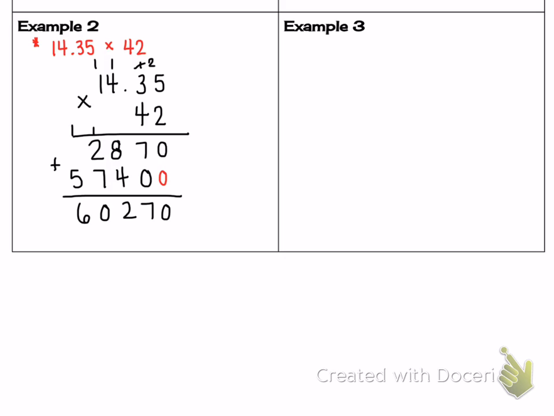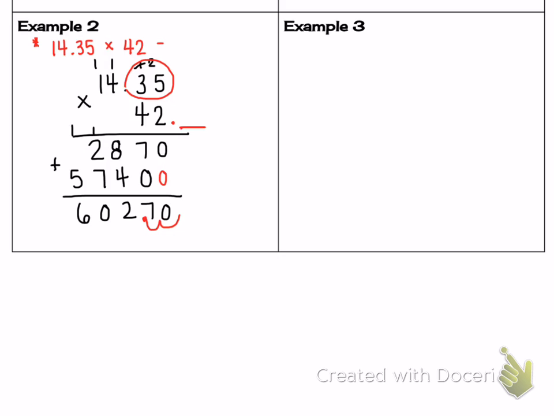When I look at how many numbers I have after the decimal, I see that there's a decimal here and the 3 and the 5 are after. The bottom number is a whole number. It's 42. The decimal for 42 is after it, so there's really no numbers past it. So there really only are 2 numbers past the decimal here. I swoopy 1, 2, because if there's 2 numbers after the decimals in the problem, there needs to be 2 numbers after the decimals in the answer.